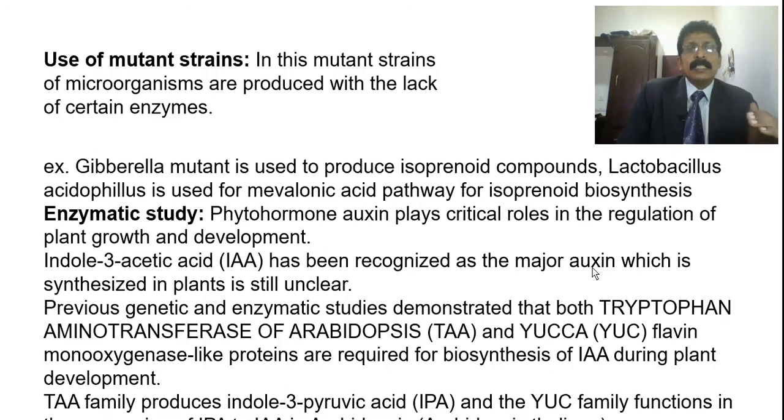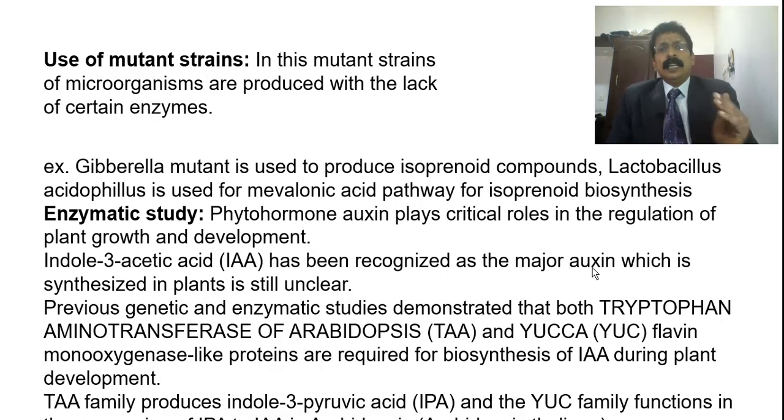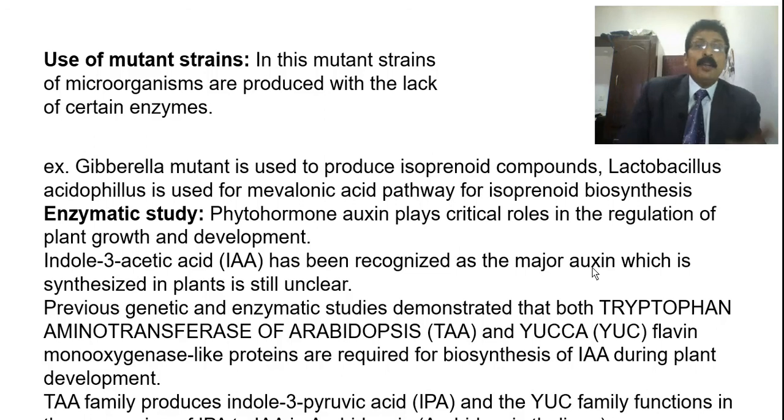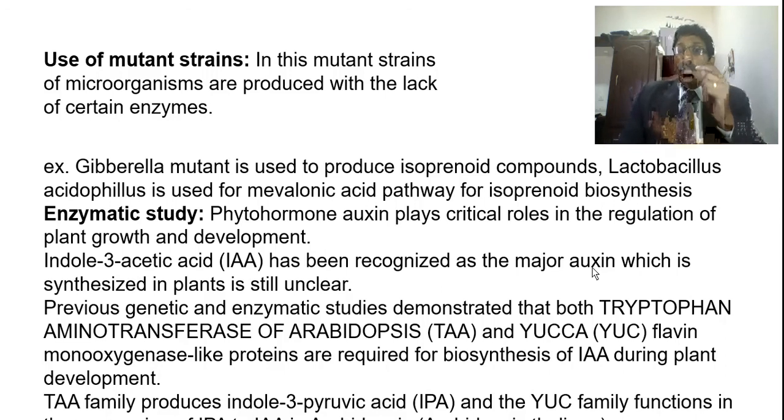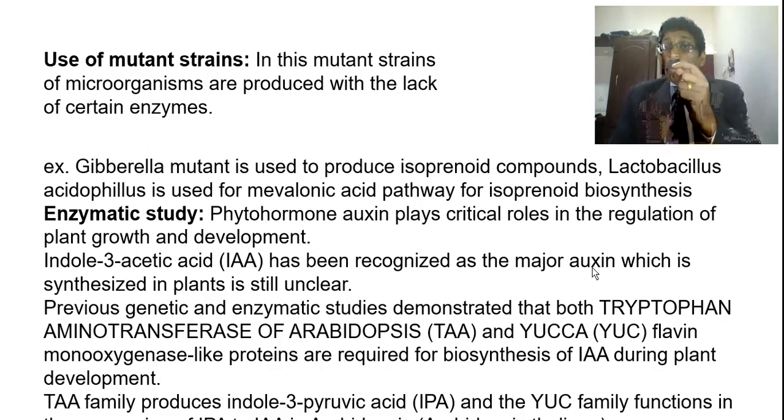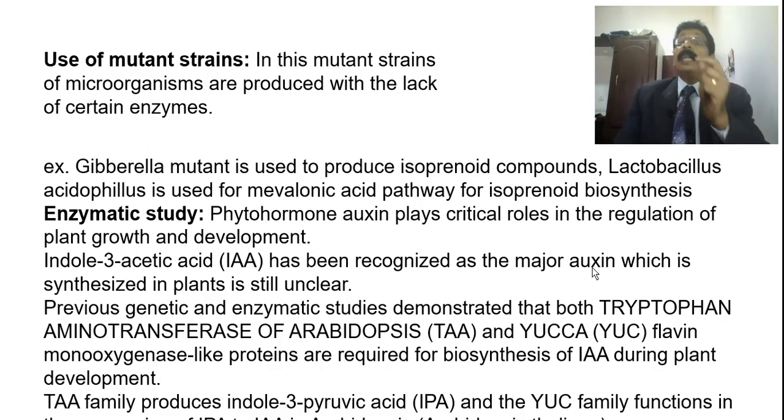But you can see previous genetic and enzymatic studies demonstrate that both tryptophan aminotransferase of Arabidopsis, that is TAA, and YUC, that means YUCCA, a flavin monooxygenase-like enzyme, are required for biosynthesis of IAA, that means indole acetic acid, the main auxin during plant development.